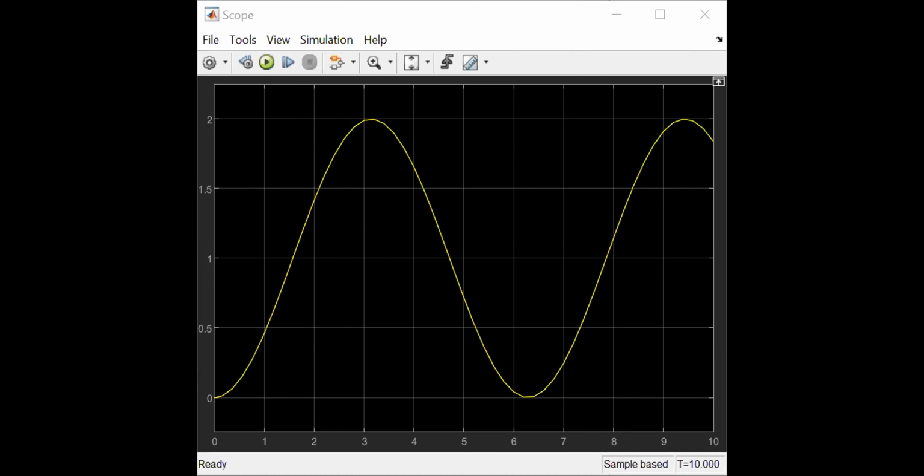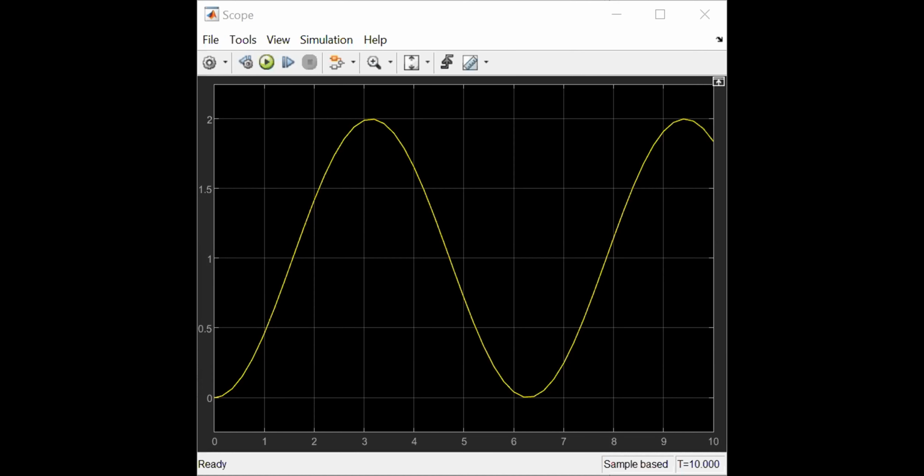So on y-axis, you have displacement. On x-axis, you have time. Any questions here? If you have questions, you are welcome to raise your hand, or you are welcome to give me feedback or ask me questions in the chat window.